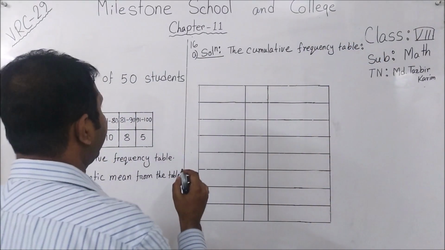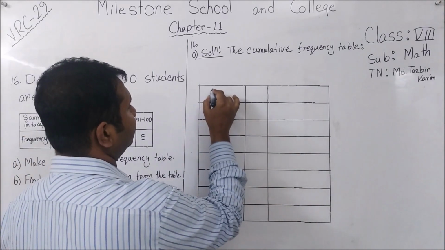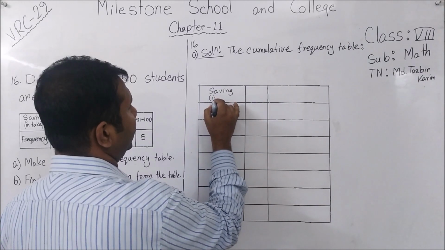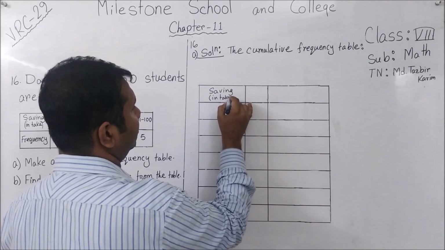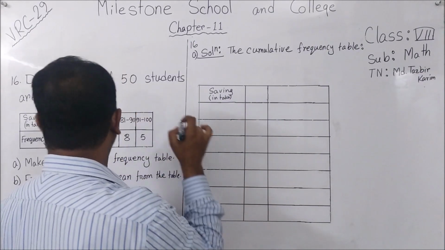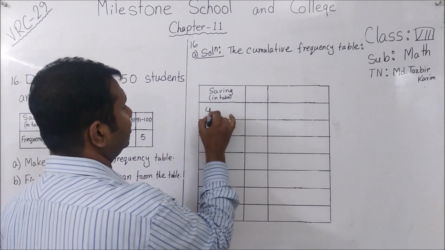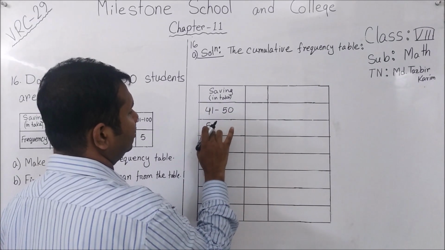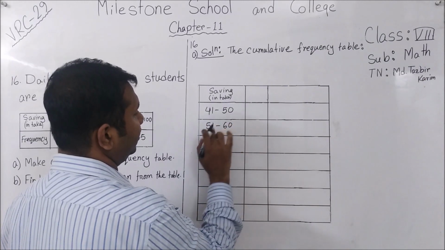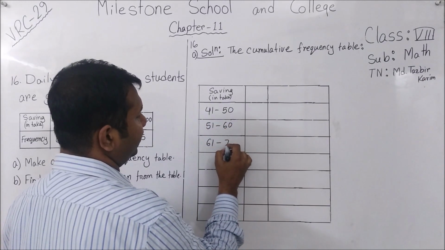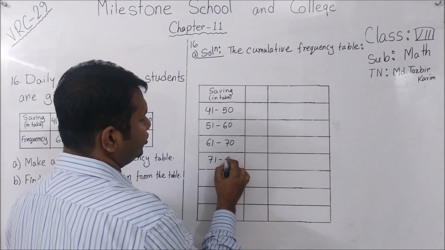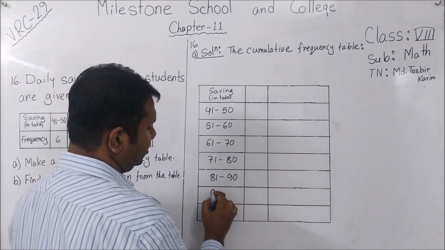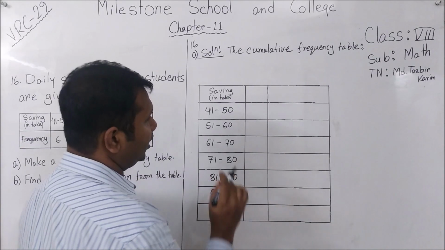So at first we are going to write saving in taka, then with the saving, that is 41 to 50, 51 to 60, 61 to 70, 71 to 80, 81 to 90, 91 to 100.